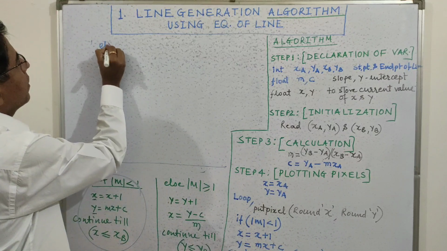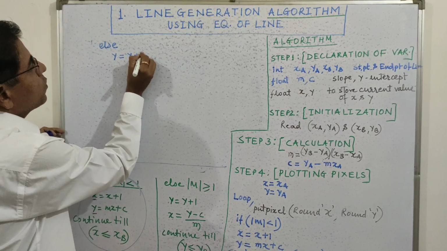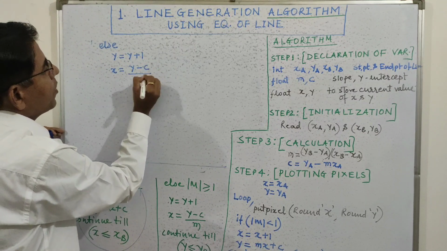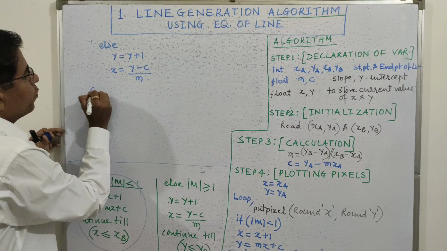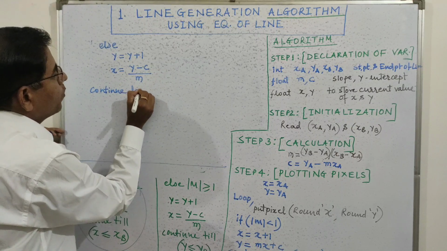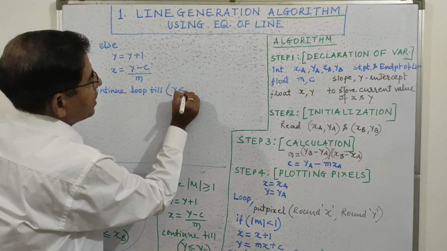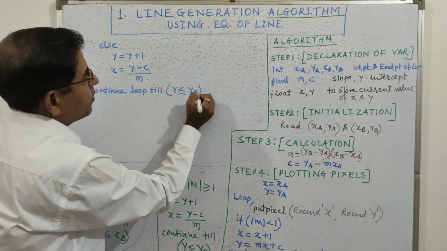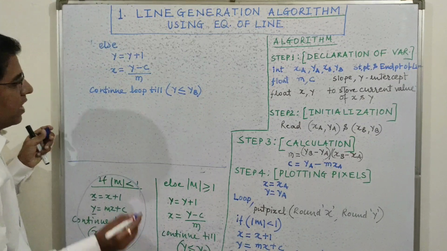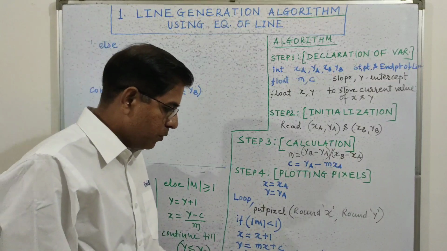Else y is equal to y plus 1, x is equal to y minus c upon m, and this loop continues till the value of y is less than or equal to yb. Okay. So we have covered the if part and else part, and then this algorithm will stop here.